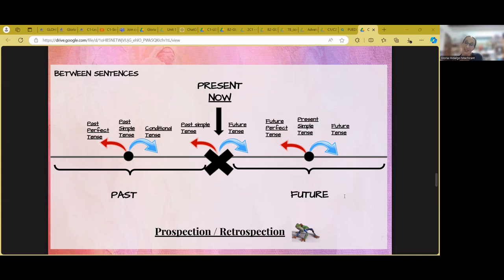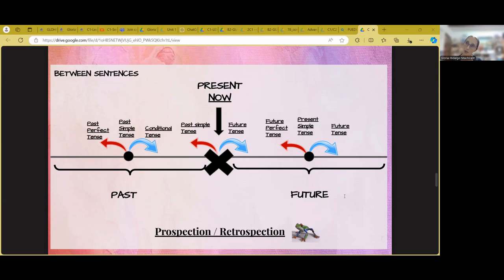But as it is a hypothesis and I took a step back in time, I set the prospection to the future using a conditional, because the I wish in itself simply means a hypothesis.